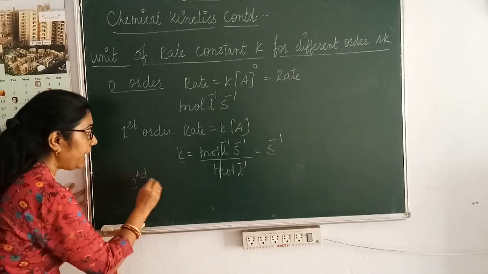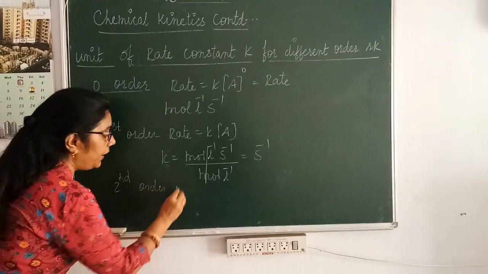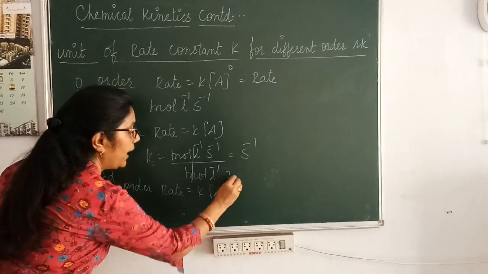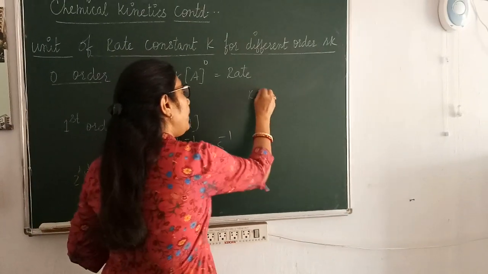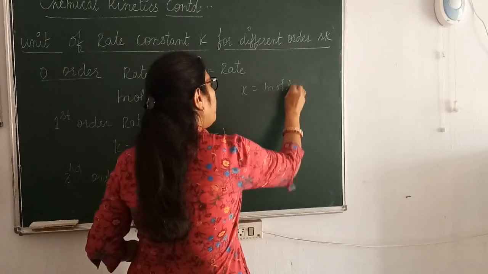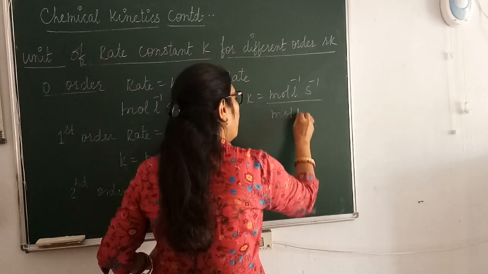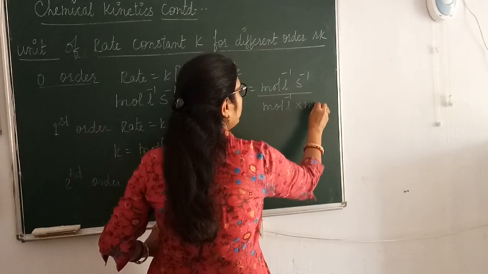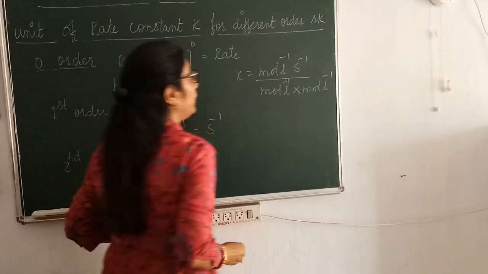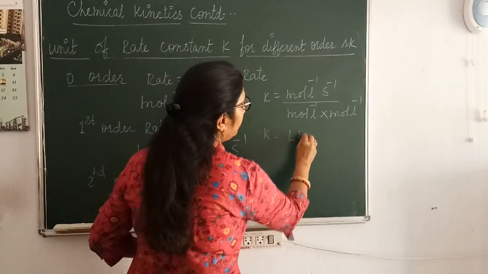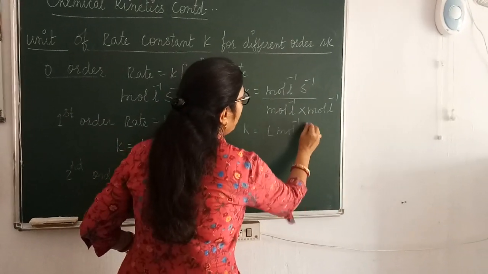Likewise, for second order, rate is equal to K into A square. So K will be equal to mole per liter per second divided by mole per liter into mole per liter. So in this case the unit of K will be liter per mole per second.